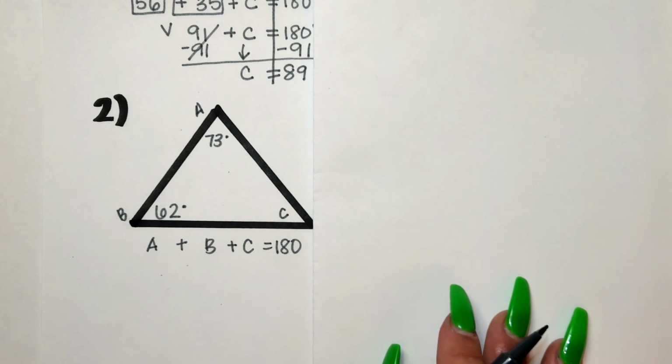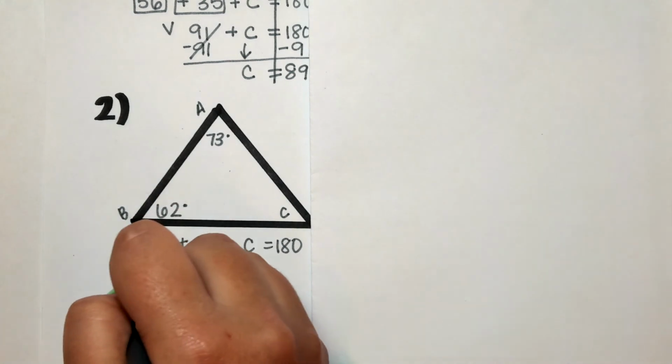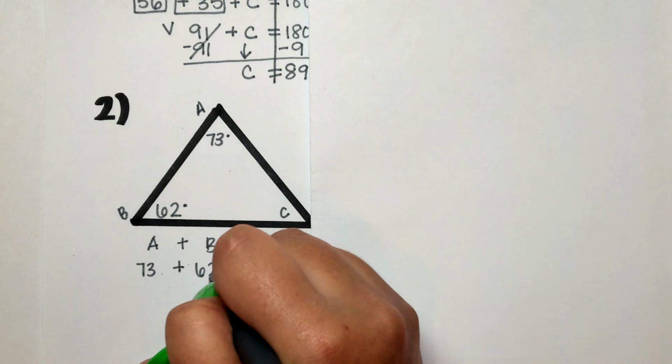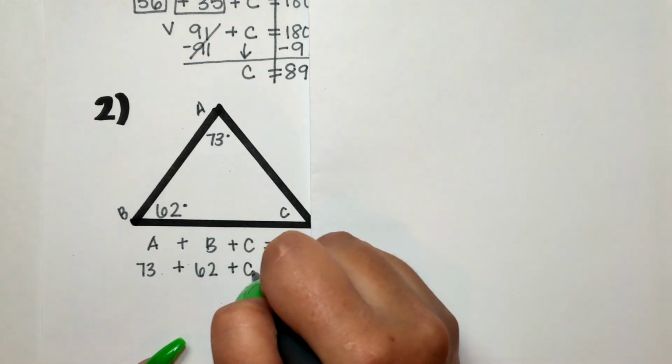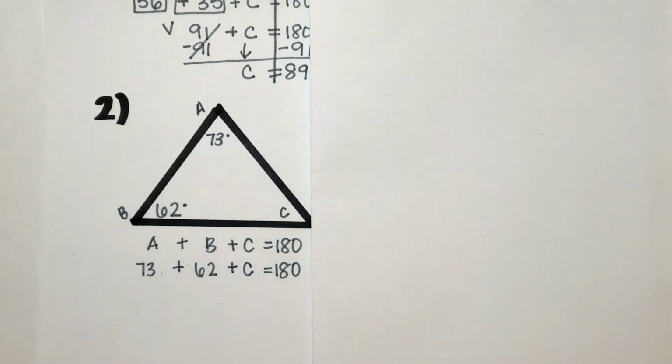So I have 3 angles of my triangle that add up to 180. So my angle A is 73 plus my angle B of 62 plus angle C, I don't know it, so I'm going to leave it as just C, equals 180.